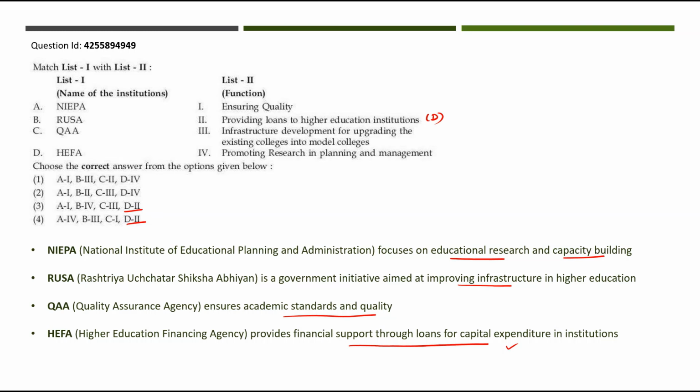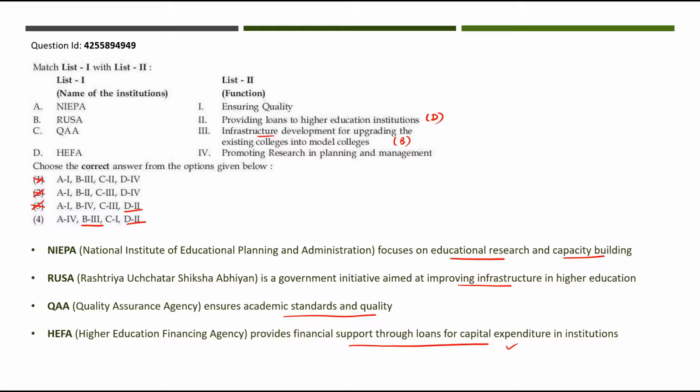So infrastructure development for upgrading the existing colleges into model colleges, where we involve the infrastructure term, will be mapping to RUSA. So B will be mapping to 3. B3 is available in option 4. So this one cannot be the answer and we will rule out 1 and 2 also.